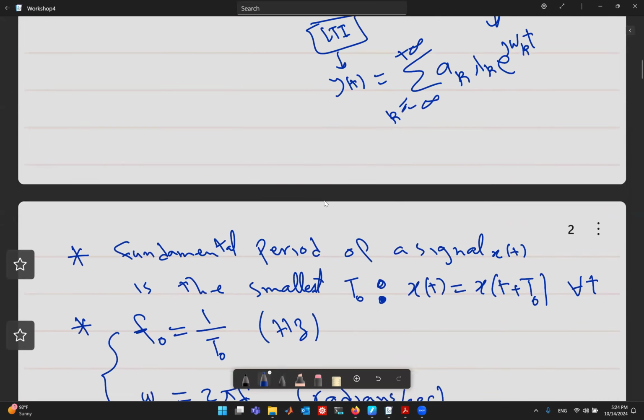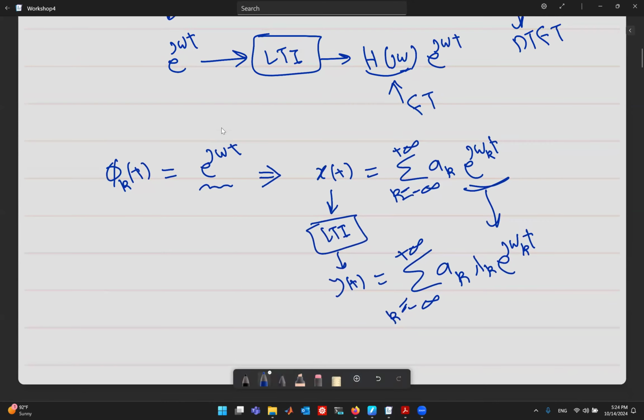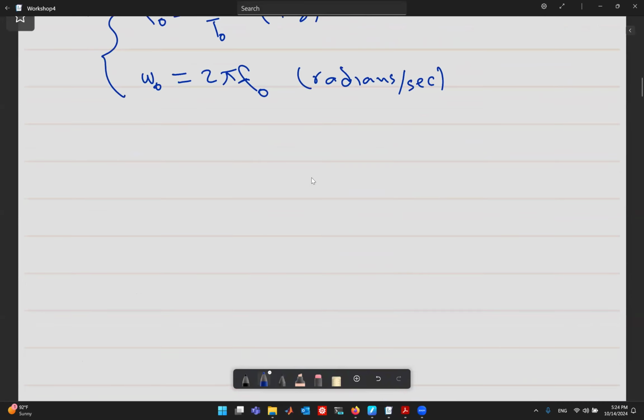And now if we look at those eigenfunctions, we are writing them as exponential j omega k t. So phi k of t is exponential j omega k t, and omega k is k times omega 0.